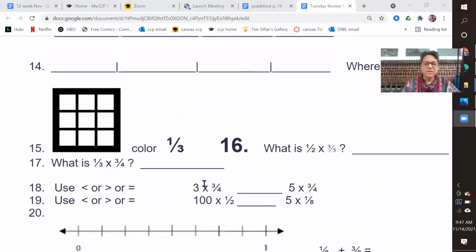Same thing for number 17. What is 1/3 times 3/4? So first we say 1 times 3 is 3. And then again, I told you this earlier, I think this is the most popular multiplication. 3 times 4, you need to know it, is 12. All right. Now, another way to do this is to say, oh, I see a 3 here and I see a 3 here.